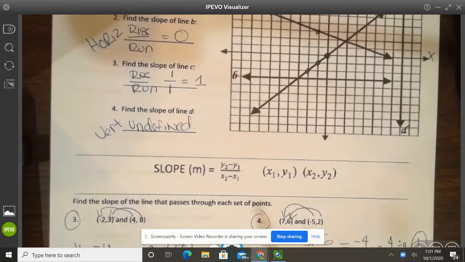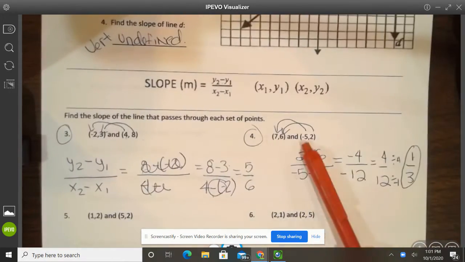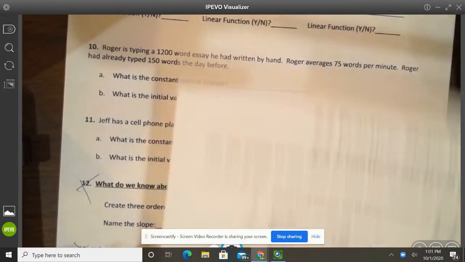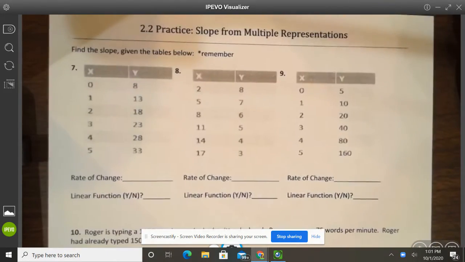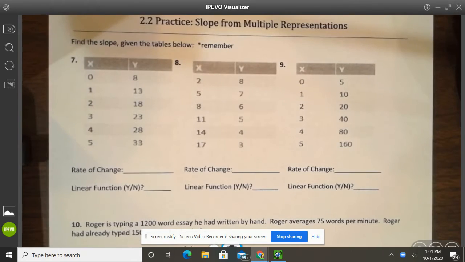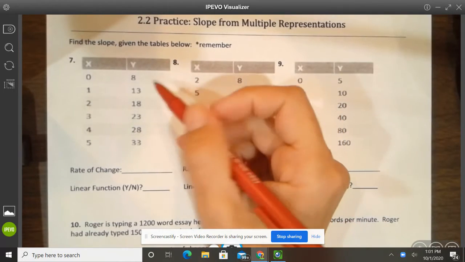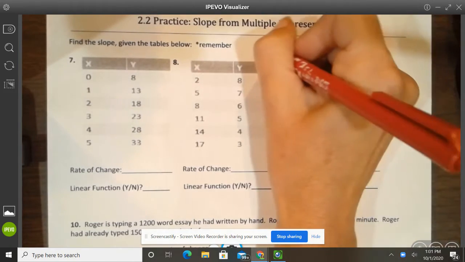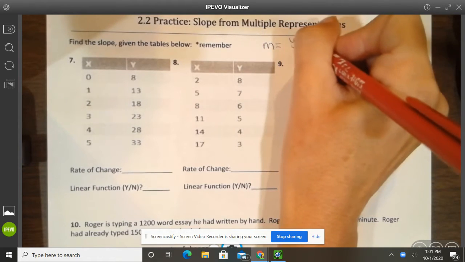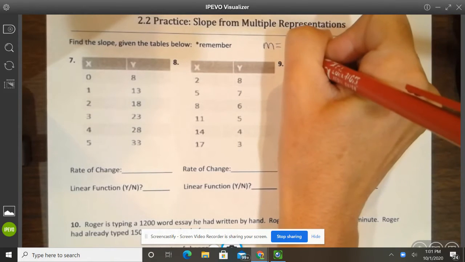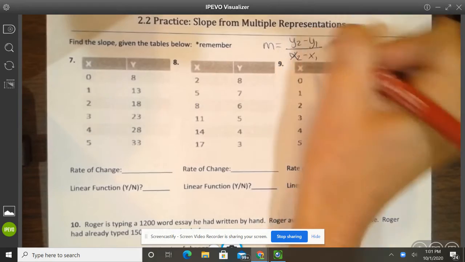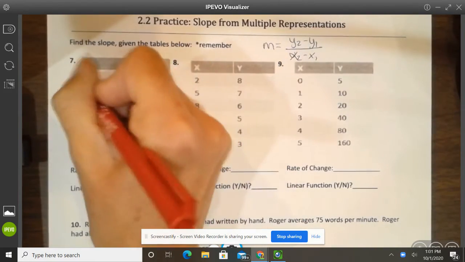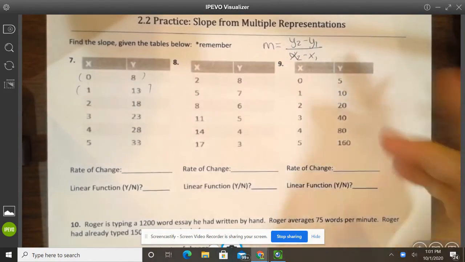So we did graphs, we used the formula. Nice. Now let's use tables. So to find the slope in a table, you can also use the formula y2 minus y1 over x2 minus x1, and just use 2 points, right? Because this one is 1 point and this one is another point.